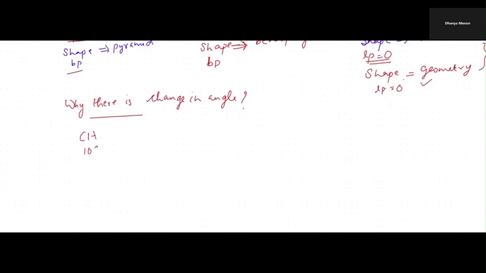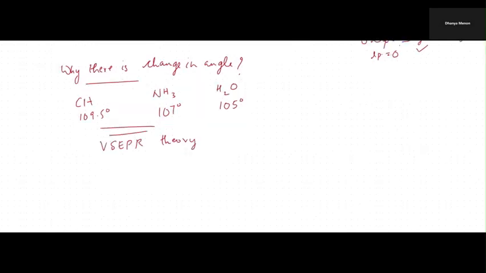In ammonia, it should have been 109 degree, but it is 107 degree. In water, it should have been 109 degree, but it is seen to be 105 degree. Why this change? The answer is given by VSEPR, valence shell electron pair repulsion theory. This theory explains the difference in these bond angles.